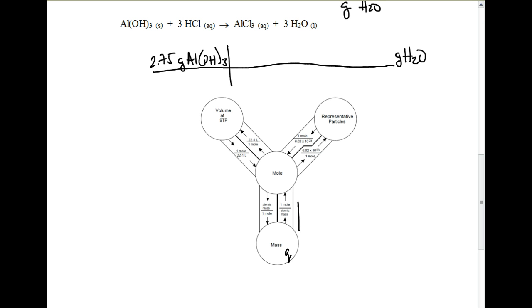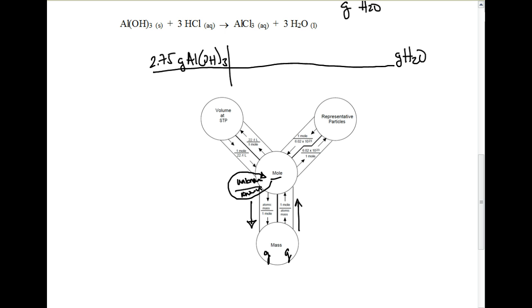We're going to go up the road to moles. We're going to go around the unknown over the known. Again, we get those numbers from the coefficients of the balanced equation. And then we're going to go back down the road to grams and end up at grams of water. So it's going to be a 3-step problem.